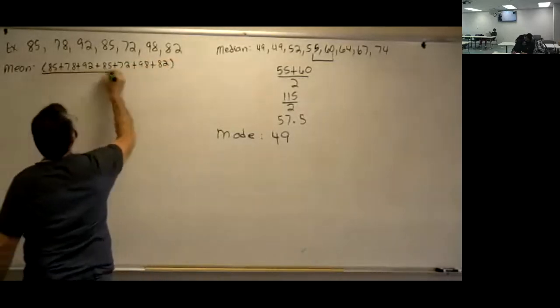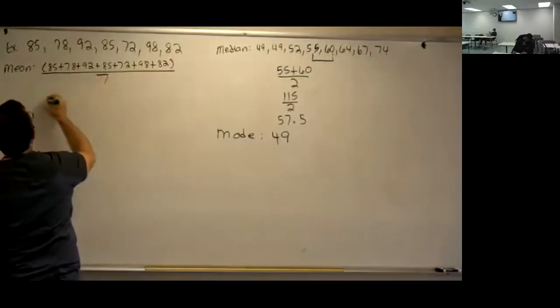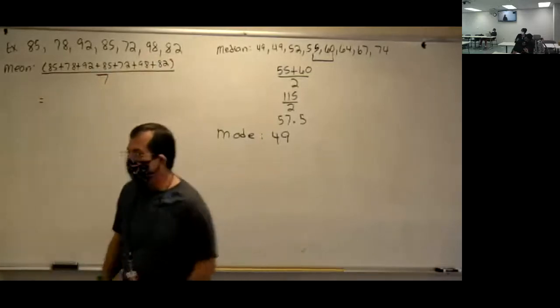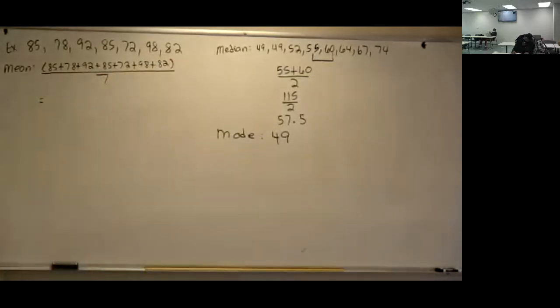Get all that. Divide by 7. I'll tell you the thing about stats that most people don't like is because sometimes you got a whole lot of data points you're having to find those averages out there.